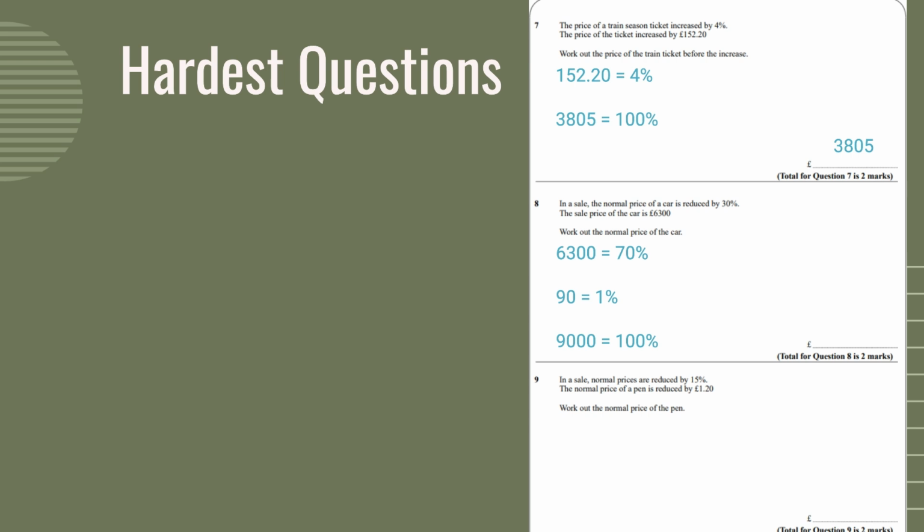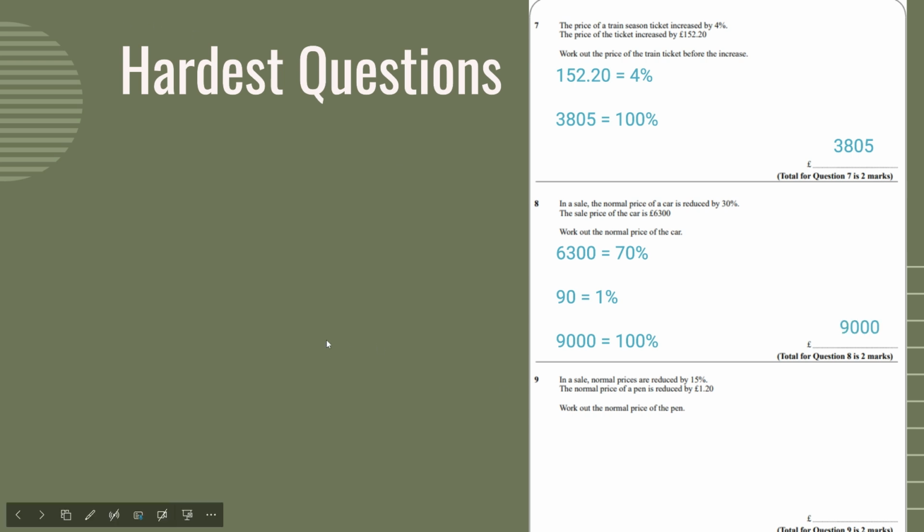So first cross-cancel the zeros, so you get 630 equals 7%, and you know 63 is divisible by 7, and then you just add a 0 on the end. So 90 equals 1% of the original price. Therefore, if 90 equals 1%, you times by 100, so 9,000 equals 100%. So the normal price of the car is £9,000.